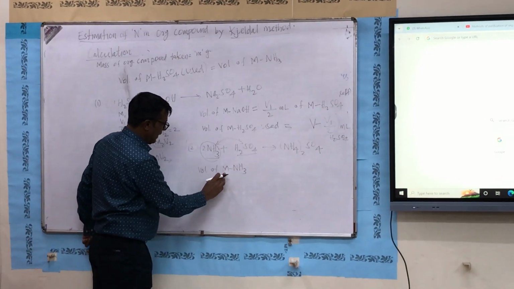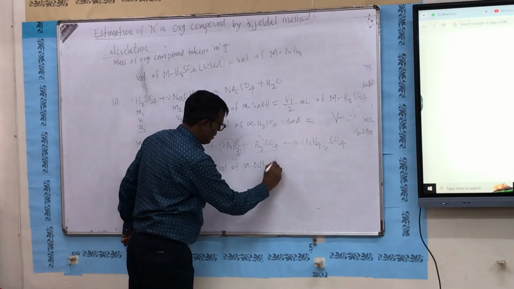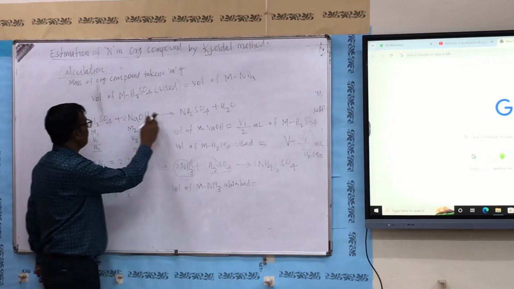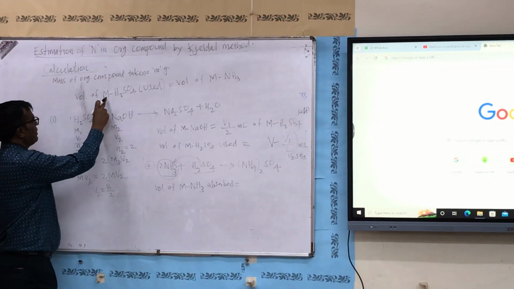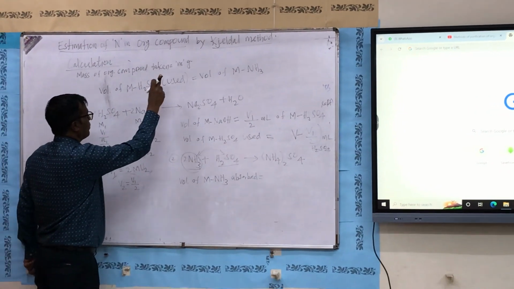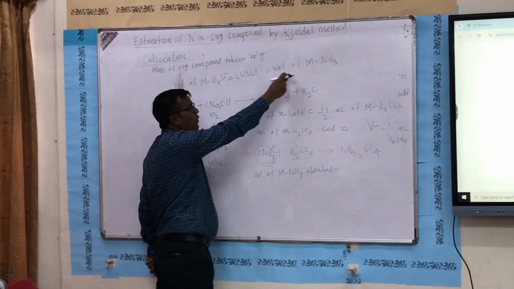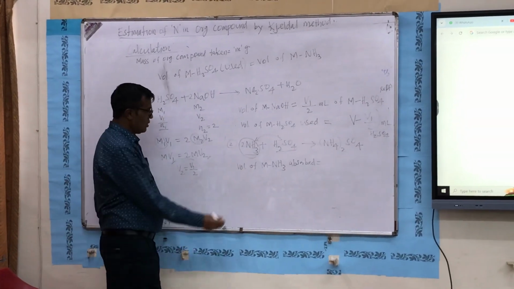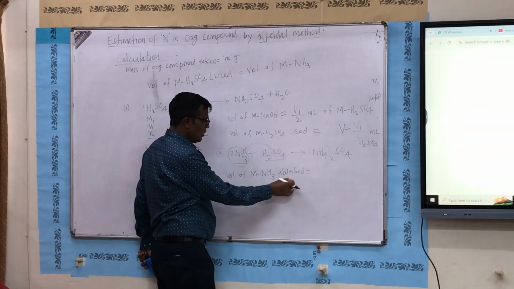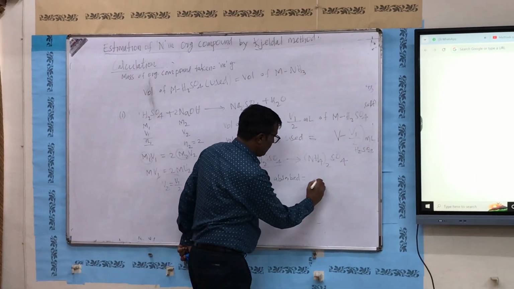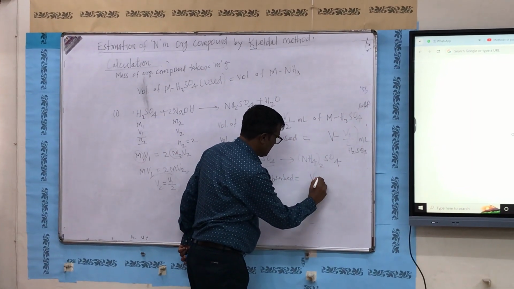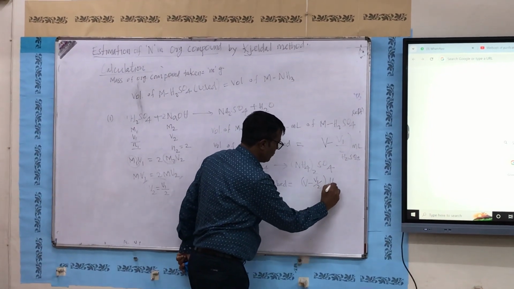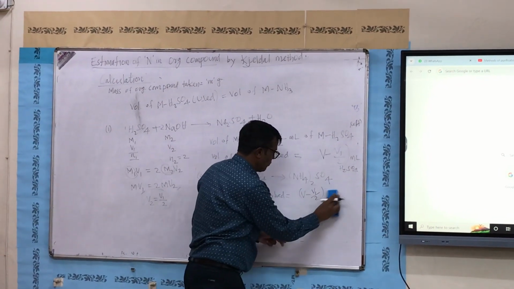Volume of M NH3 absorbed, how much is absorbed, is equal to, as I have already told in the beginning, volume of M H2SO4 used, which should be equal to volume of ammonia absorbed. So volume of ammonia absorbed is equal to V minus V1 by 2 of M H2SO4.